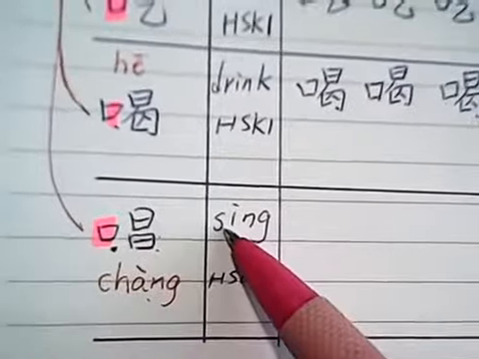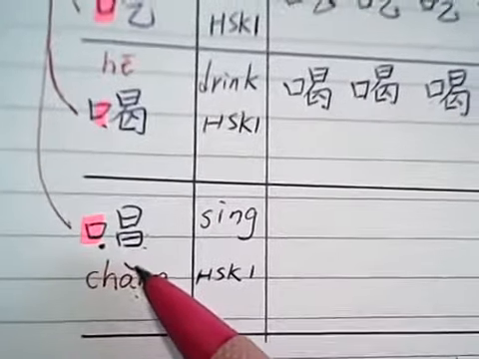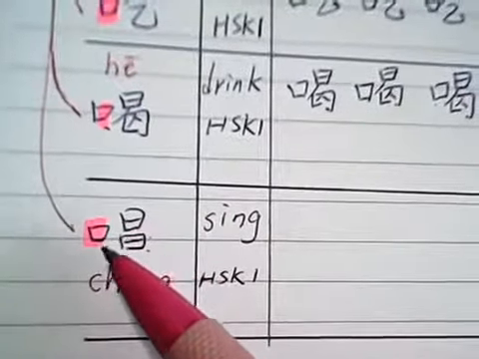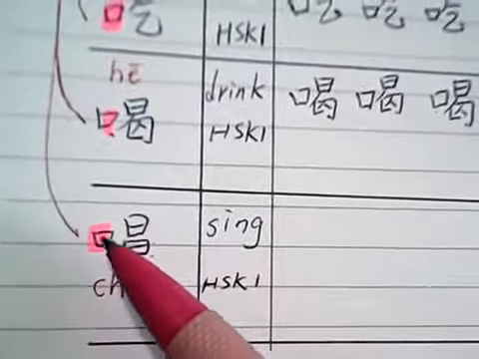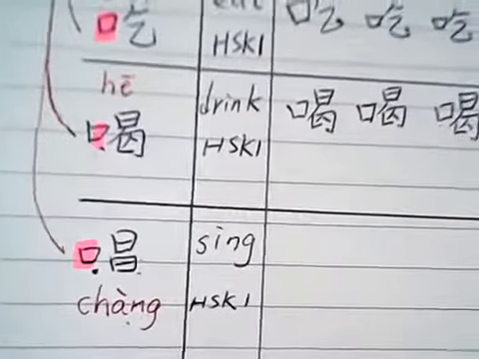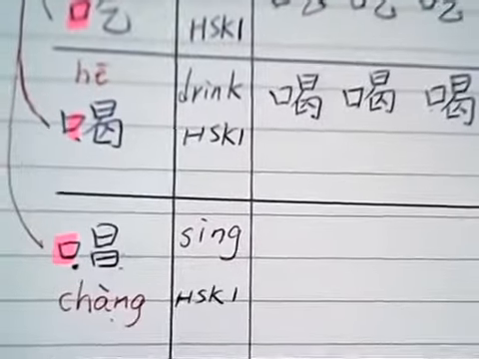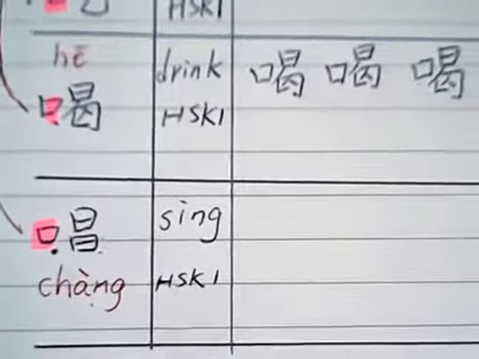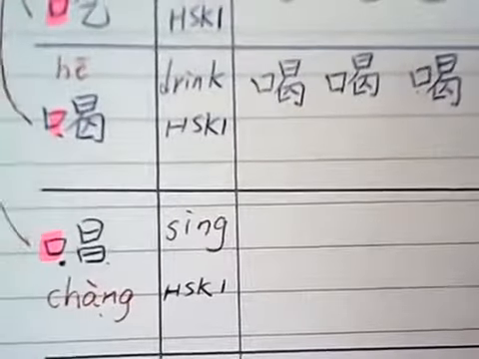Okay, 唱 means sing. Of course, you use your mouth to sing a song. So that's the reason why the radical is your mouth, 口, mouth. So that's the reason why we introduced this basic and important radical today.